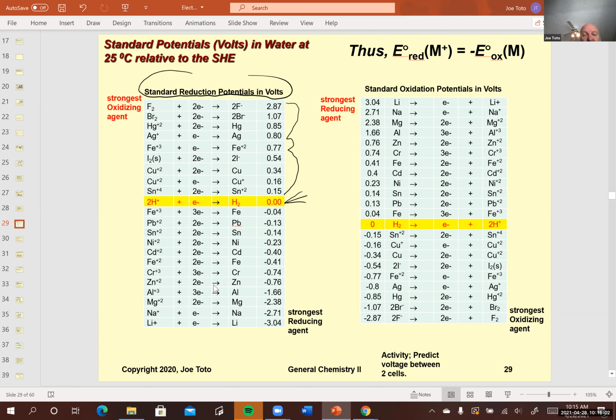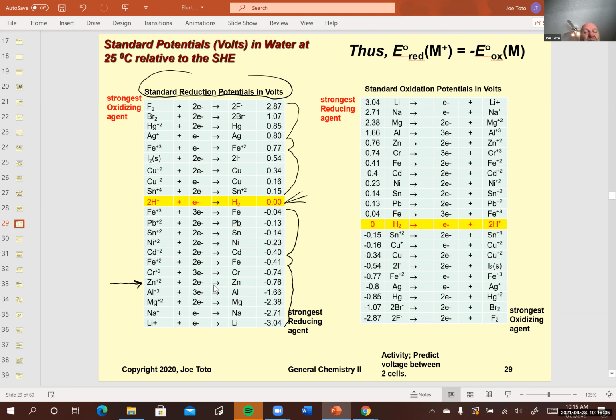Now, whenever a half cell gives electrons to the standard, then it's said to have a negative reduction half cell value, and it's said to be below the standard. So we looked at zinc in our exercise, and zinc is way below the standard.